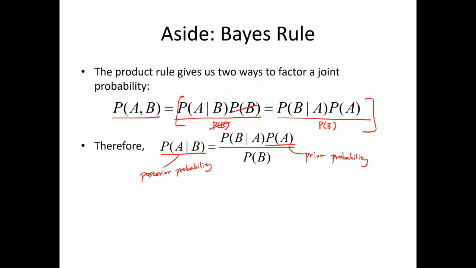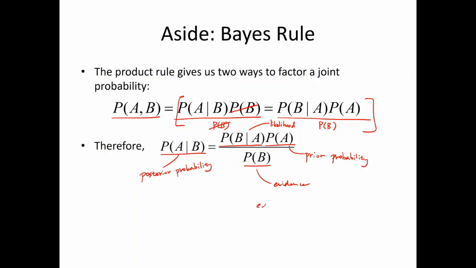So given that you have seen B, now you believe A is true with what probability? And this is called likelihood. How likely is it to observe B given A? And lastly, this is called evidence. So regardless of A, how likely is it to see B?